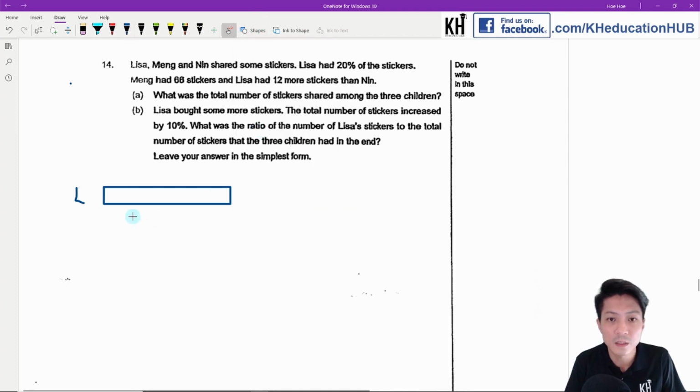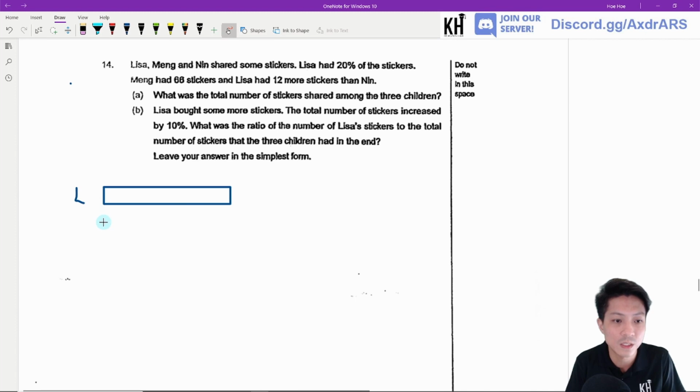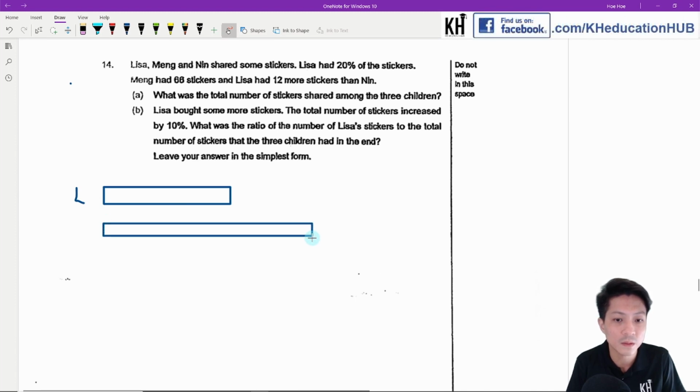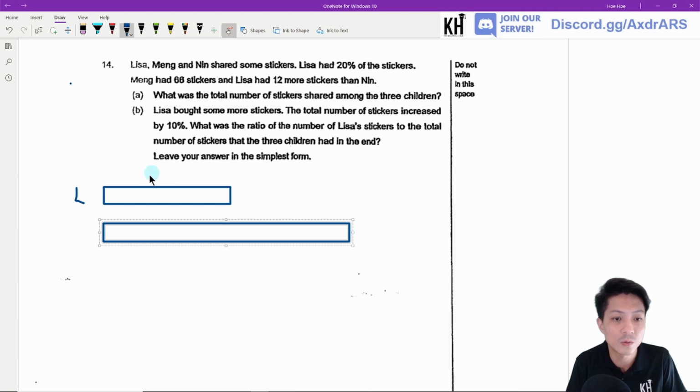Okay, Ming is 66, but the problem is I do not know how big or small 66 is. I would think that it's gonna be quite big because this is only 20%.